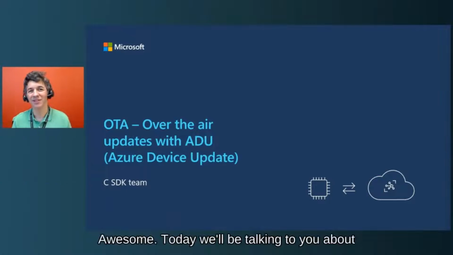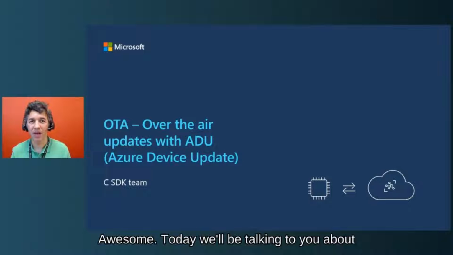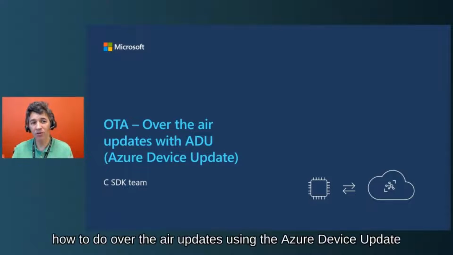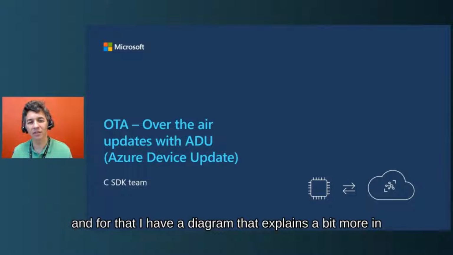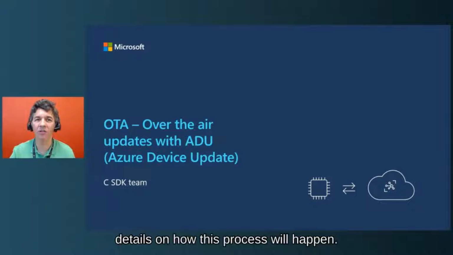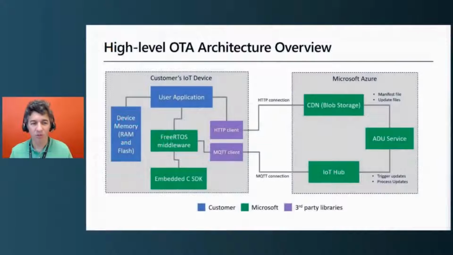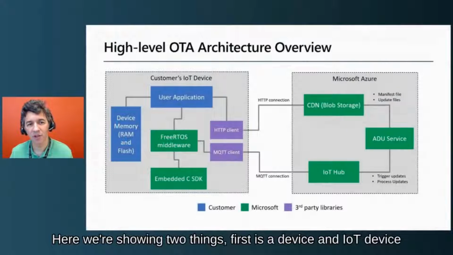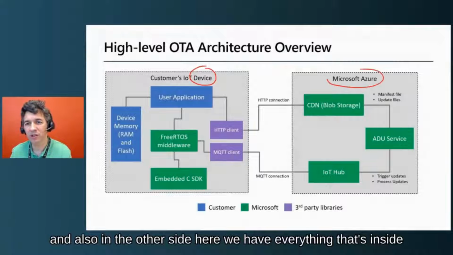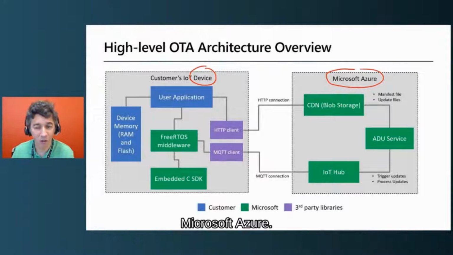Awesome. Today, we'll be talking to you about how to do over-the-air updates using the Azure Device Update. And for that, I have a diagram that explains in more detail how this process will happen. Here we're showing two things. First is an IoT device, and on the other side, we have everything that's inside Microsoft Azure.